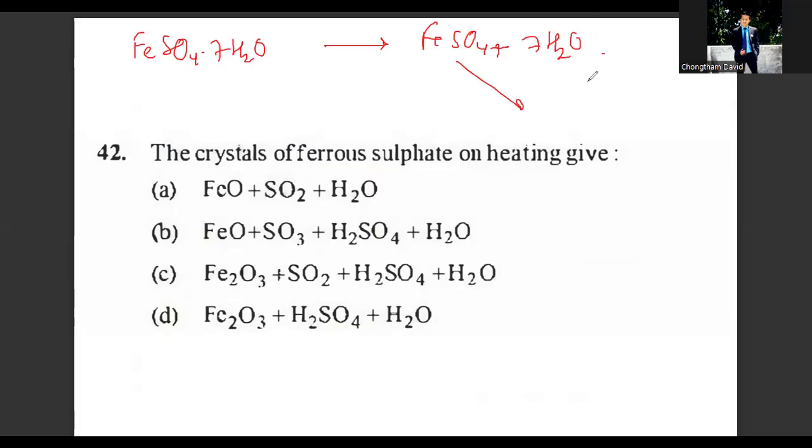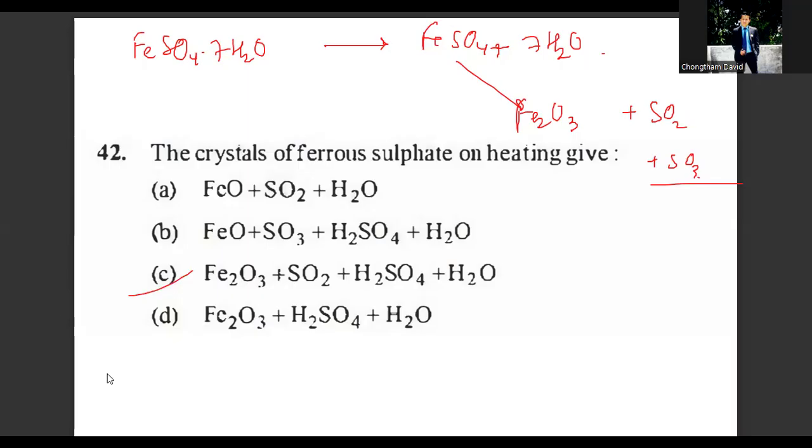So further heat this again, you will now have oxide of iron, sulfur dioxide, and sometimes a few traces of sulfur trioxide may also be present. So C would be the answer for question number 42. I hope it is understood.